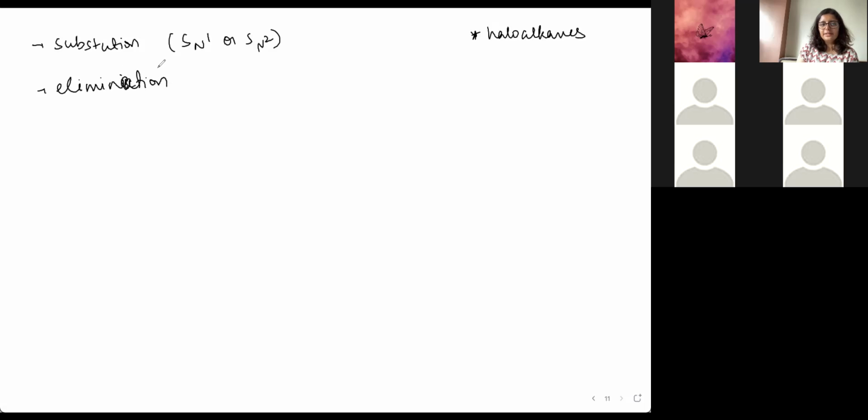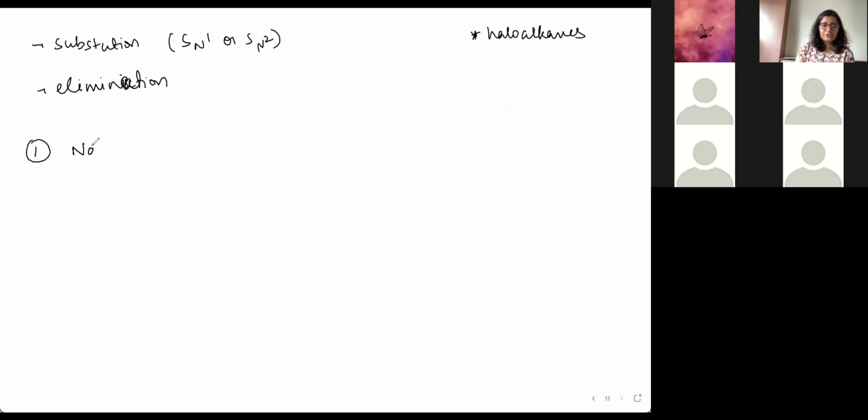So if you're simply given a haloalkane, like C2H5Cl, and you're given a reagent, treat it with KOH, how do you figure out what will happen: Sn1, Sn2, or elimination? So to figure out what reaction it will undergo, when you're given a question, you need to predict what the product will be.